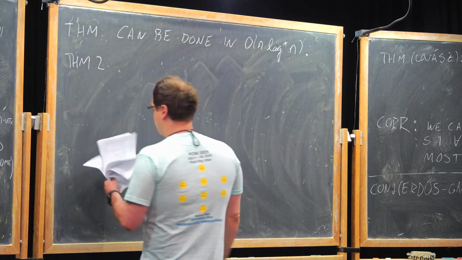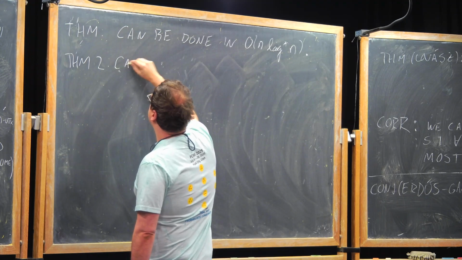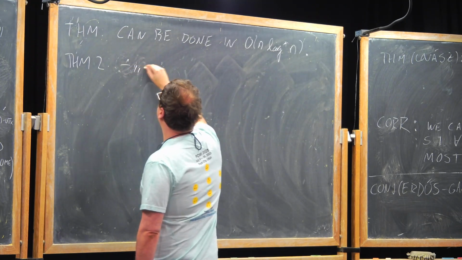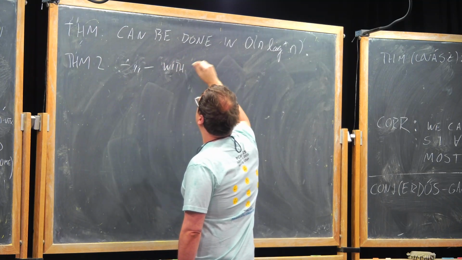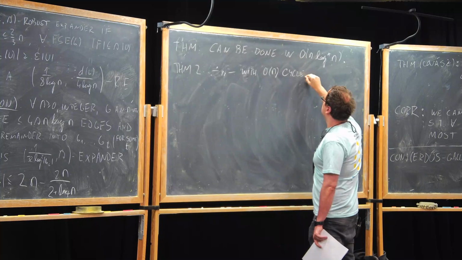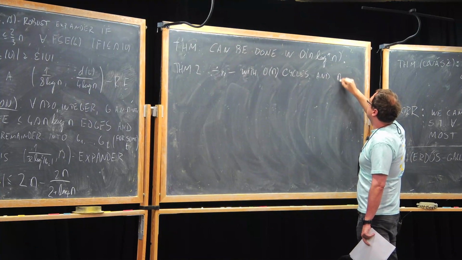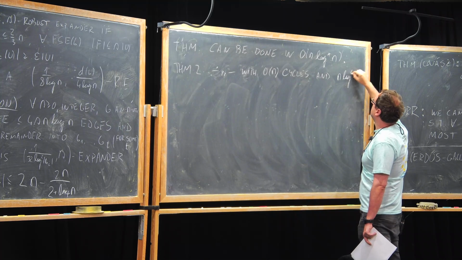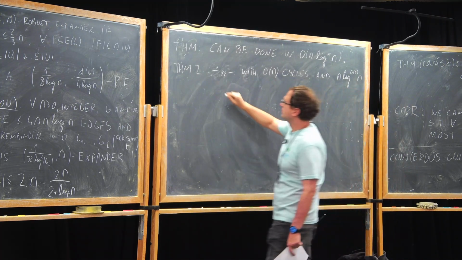So this comes from the following intermediate theorem, which says that it can be done with big O of n cycles and n times polylog n edges.